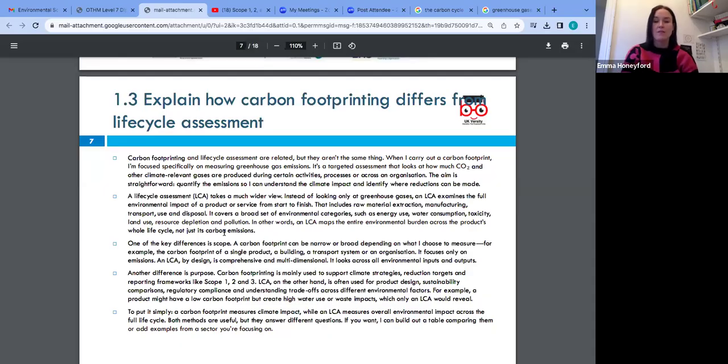So it is a comparison of different environmental impacts. So to put it simply, a carbon footprint measures climate impact, while in contrast, an LCA measures overall environmental impact across the full life cycle. So both methods are useful, but they'll answer different questions.